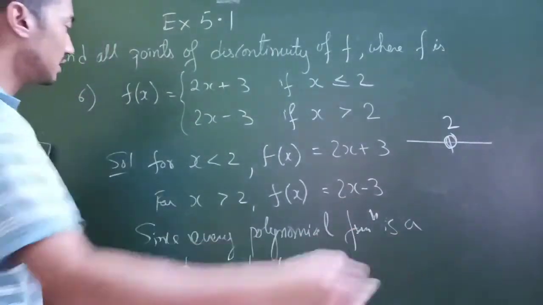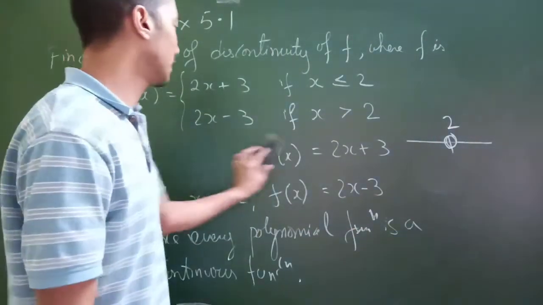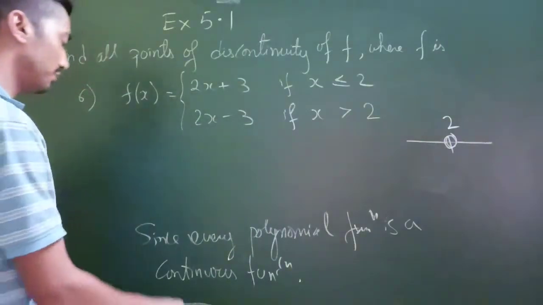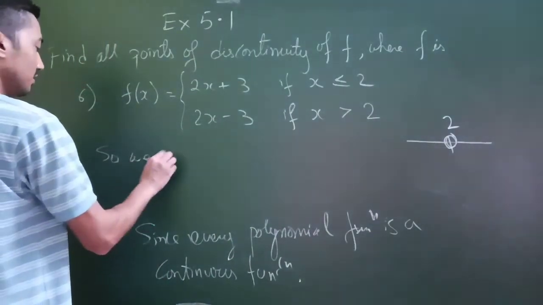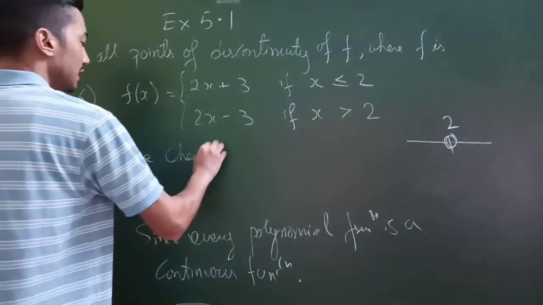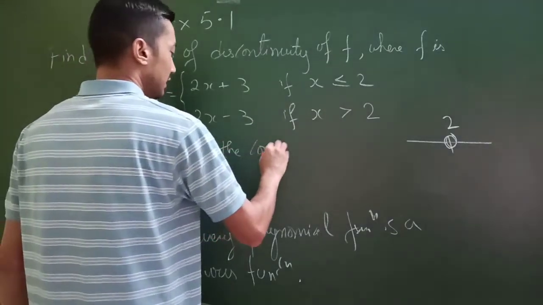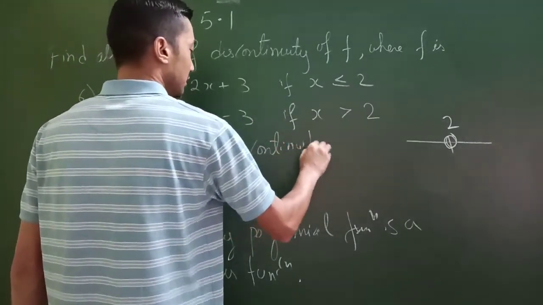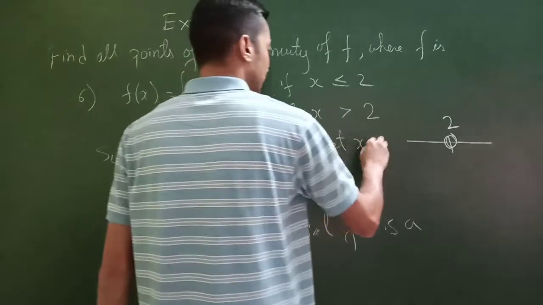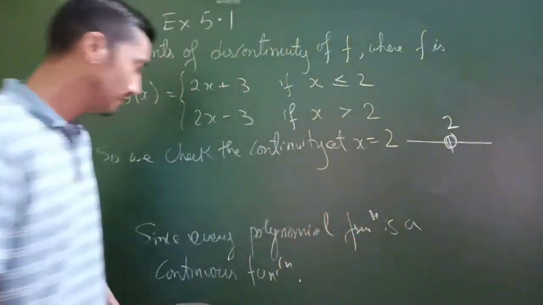Before 2, after 2, all the functions are continuous. So that leaves us with only one point. So we check the continuity at x equal to 2.